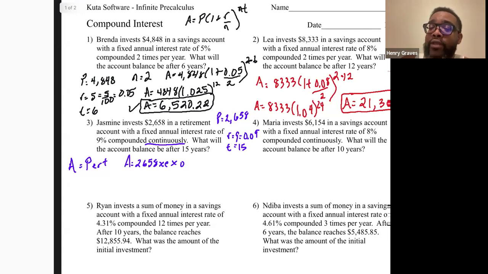So let's see what A gives us. 2658 times E times 0.09 times 15. And that gives us, look at that, because it keeps on being compounded continuously, his money quadrupled to 9,754 and 1 cent. I think that's pretty cool.